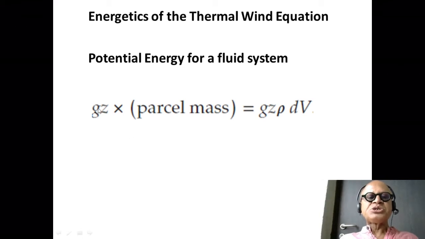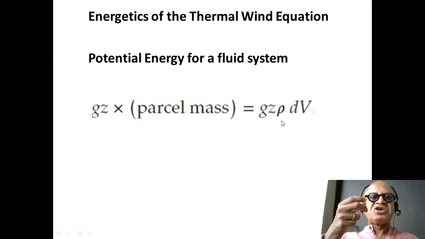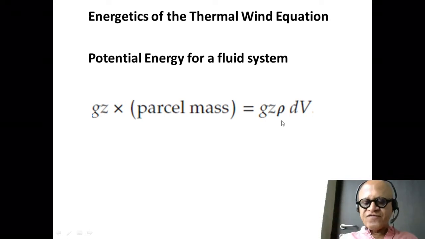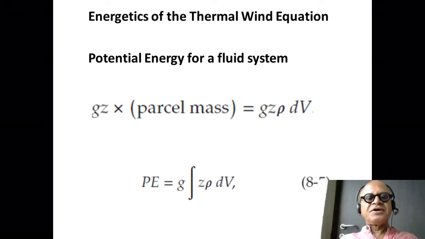The potential energy in the simplest way, when you have elevated mass, is g z times the parcel mass. So it's g z times rho, the density of the parcel, times dV, the volume. We are looking at a parcel in the concept of these infinitesimal things we do when we want to derive equations, right?